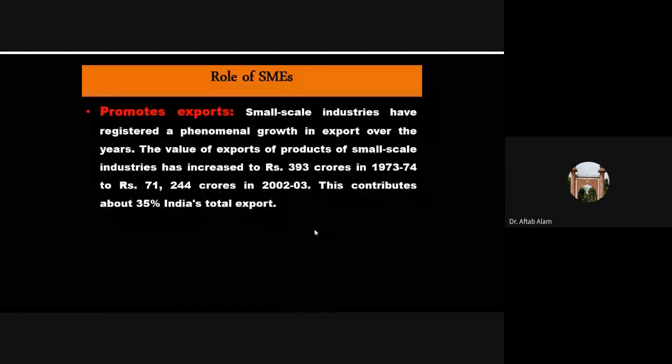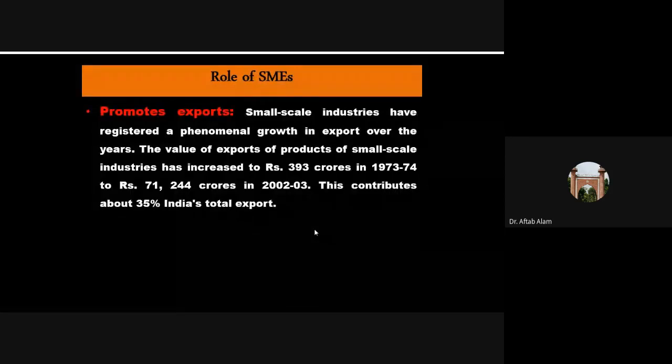It promotes exports. SMEs promote exports. SMEs contribute a lot to exports in India, right?